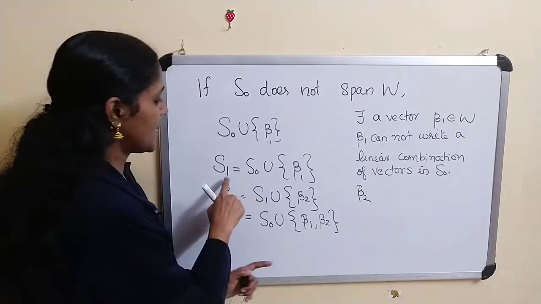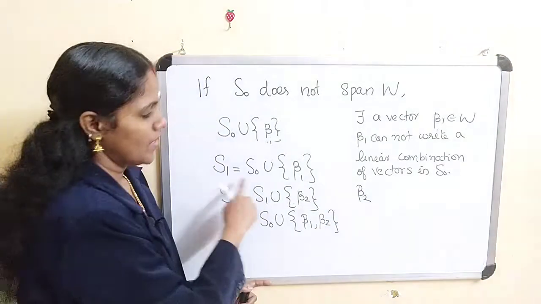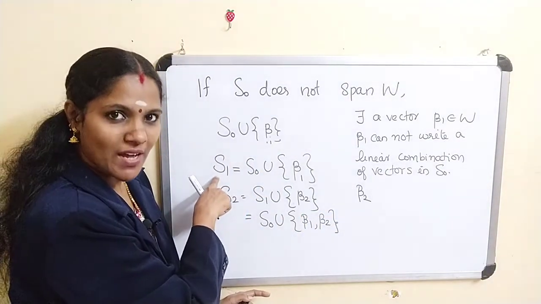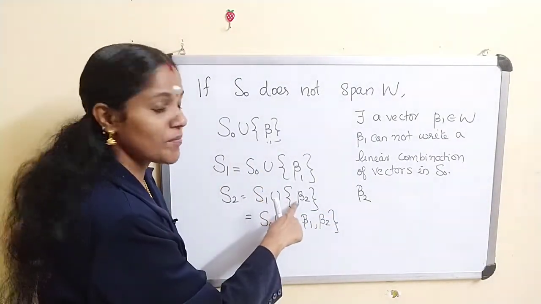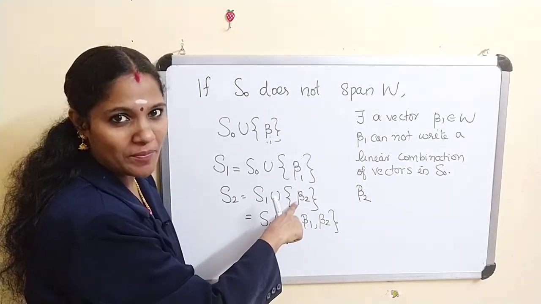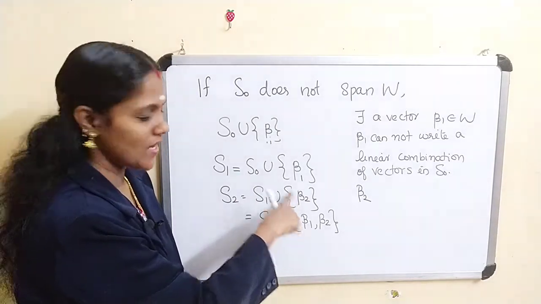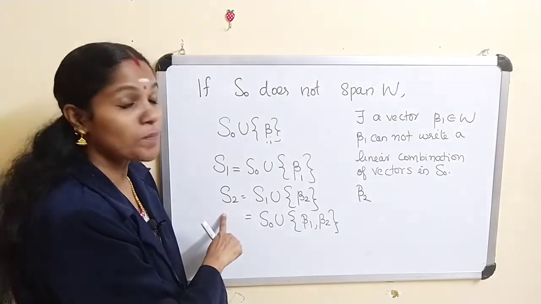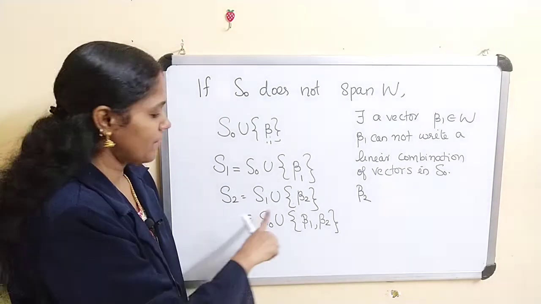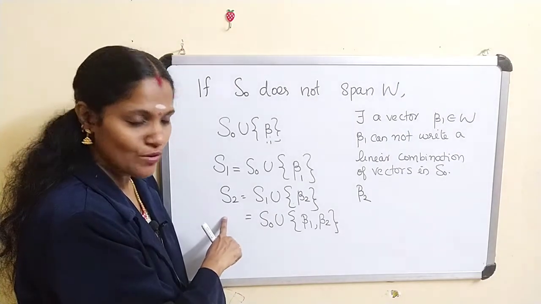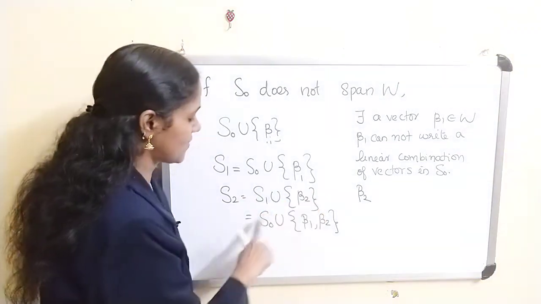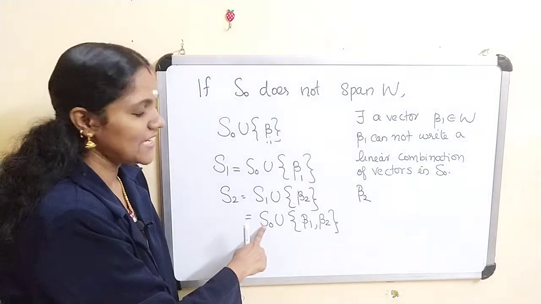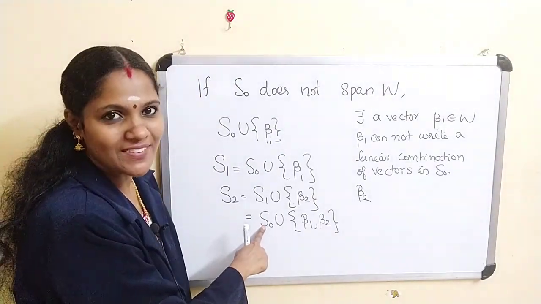Beta 2 is not in the span of S1, which implies S1 union beta 2 is linearly independent by our lemma. That means S2 is linearly independent. If S2 spans W, then clearly S2 is a basis for W, and then clearly S0 is a part of a basis.